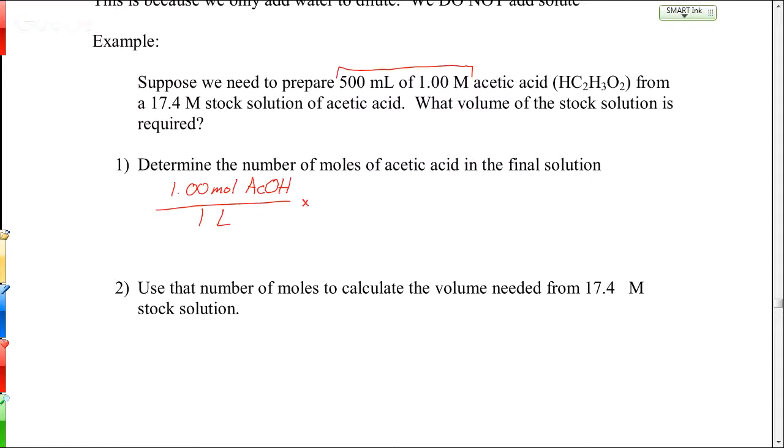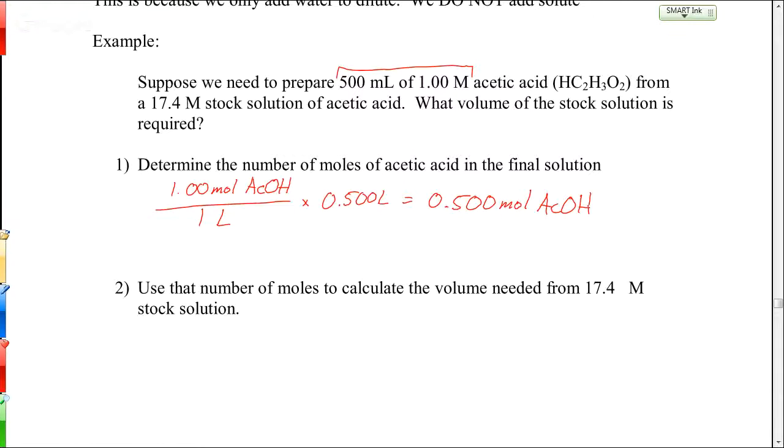Since we have 0.5 liters, that tells us that in the final solution, we want 0.500 moles of acetic acid. If we want half a liter of a 1 molar solution, that means we need half a mole. See how that works? Okay.